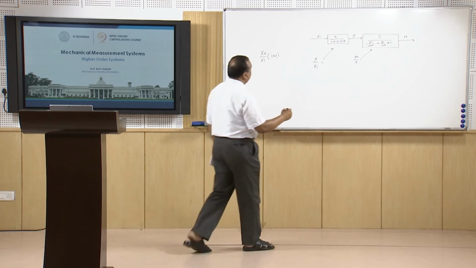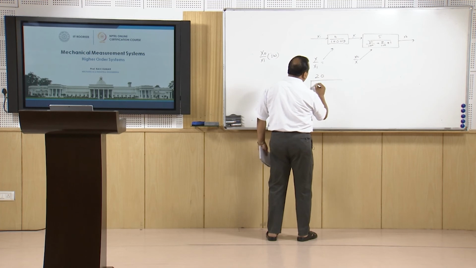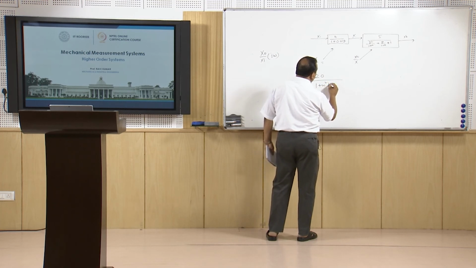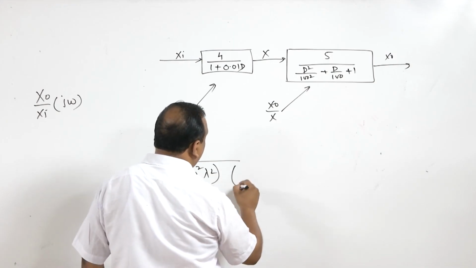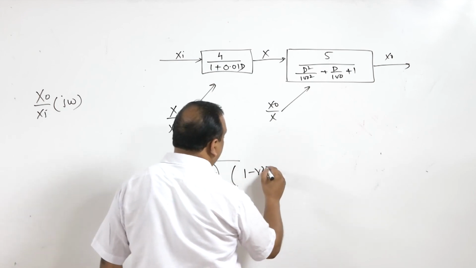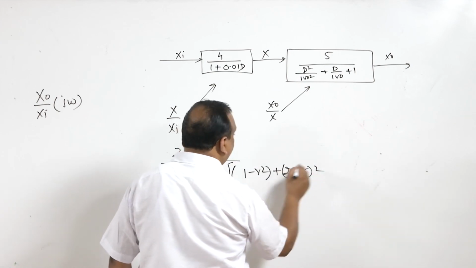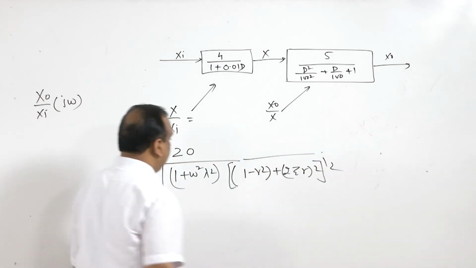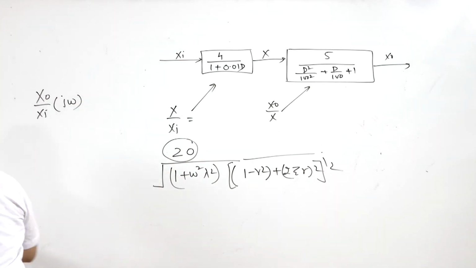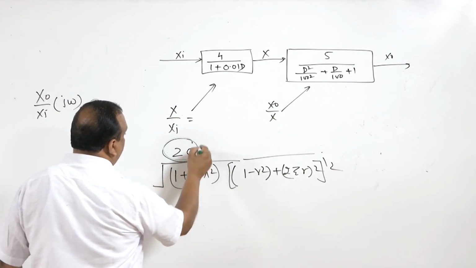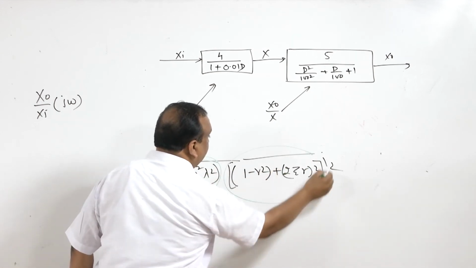So net output is 20 divided by 1 plus omega square lambda square, and then 1 minus r square plus 2 zeta r whole square raised to power 1 by 2. Now this 20 is m1, 4 into 5. This is m2, and 1 by this is m3.